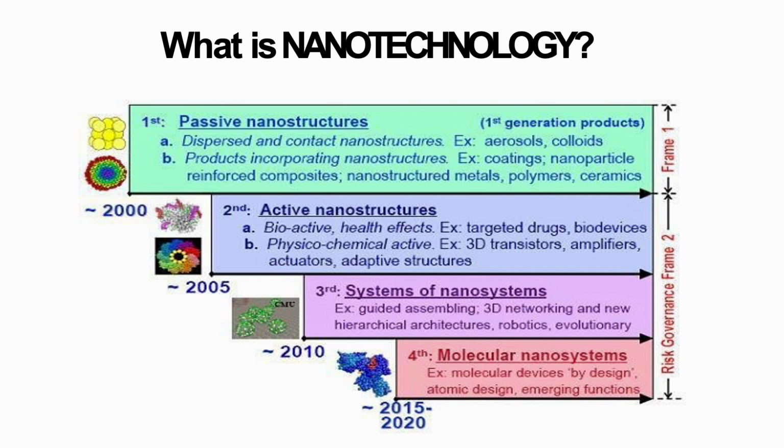Now, for giving some examples, in the year 2000, talking about the passive nanostructures, we can give you the examples of aerosols or colloids. We can give you examples of coatings with nanoparticles.